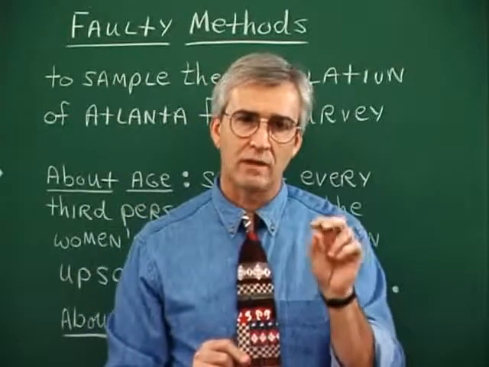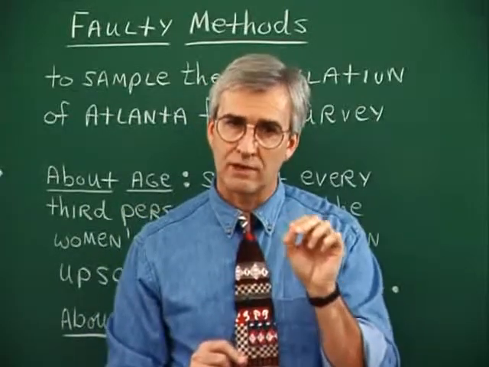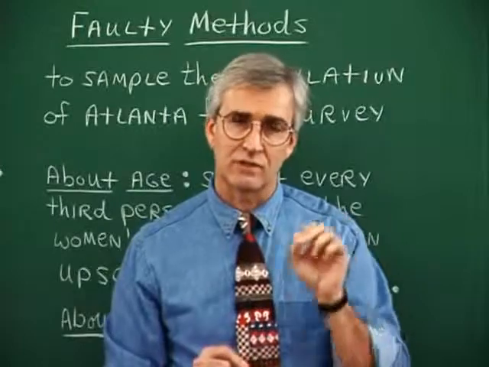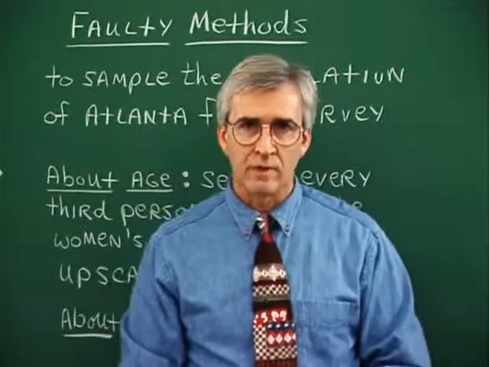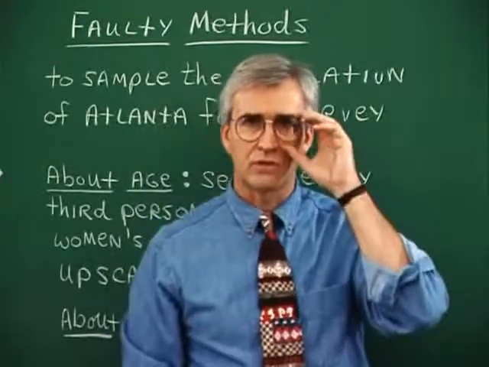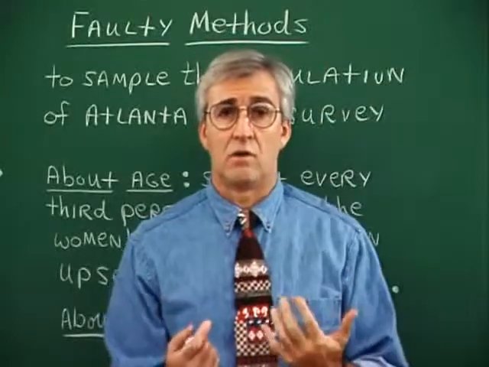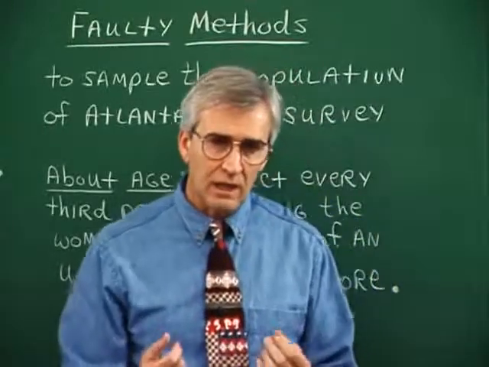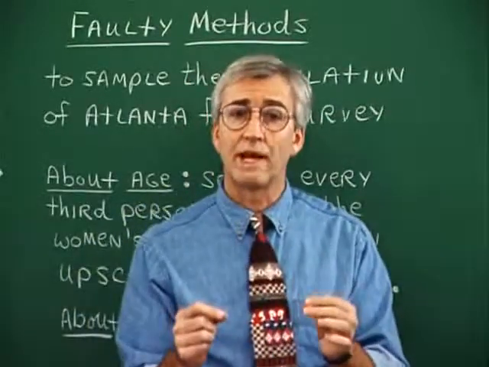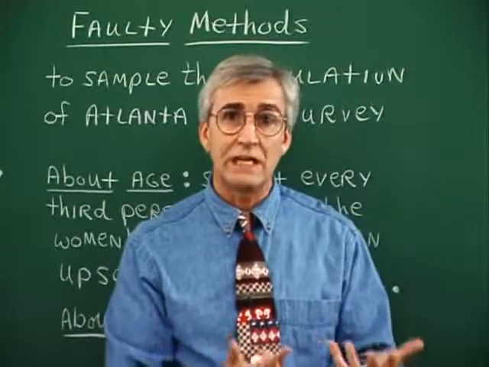We could use random numbers to select a sample from a population. Now, random numbers are not just numbers that you or I would make up. They are numbers that are generated randomly by a machine.